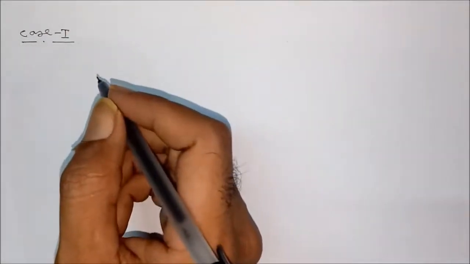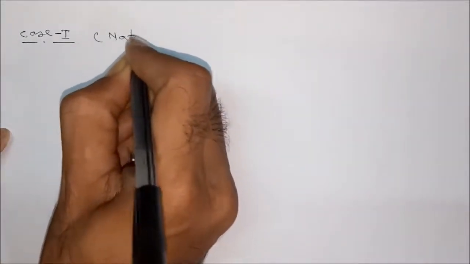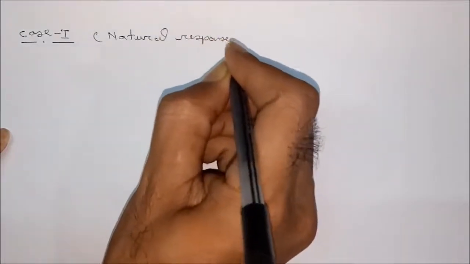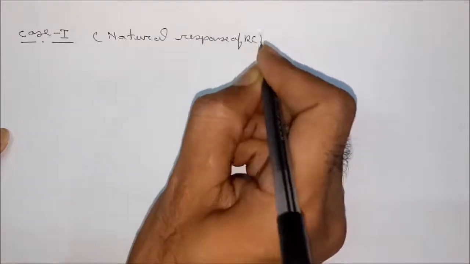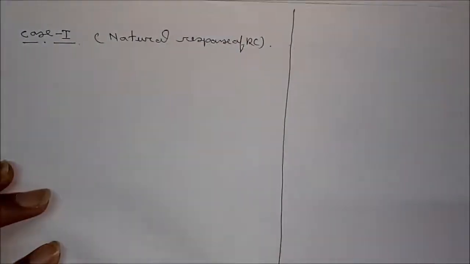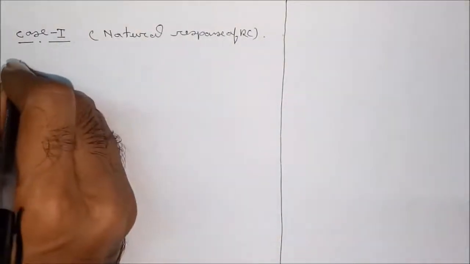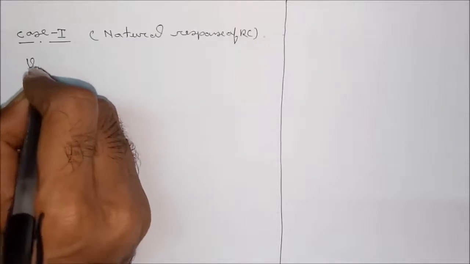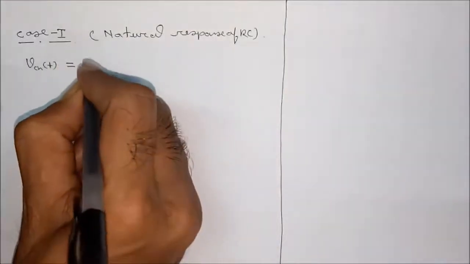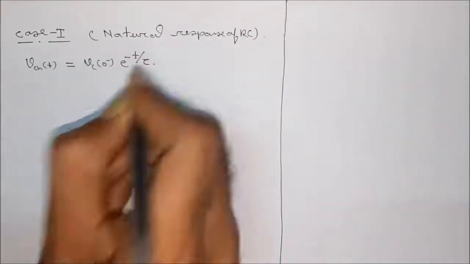Case first is the natural response, or source-free response, of the RC circuit. See here, natural Vcn(t), I have already defined, that is only due to the initial condition: Vc(0) e to the power minus t by tau.